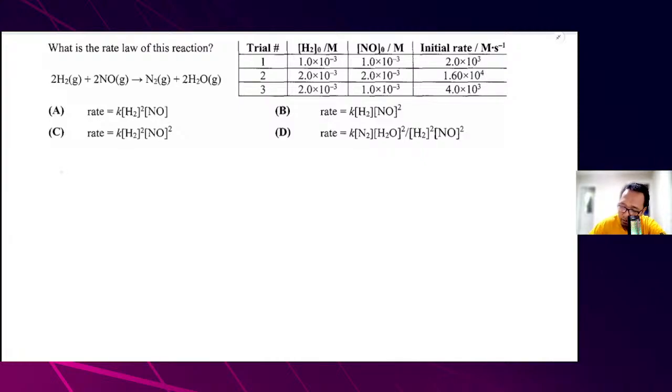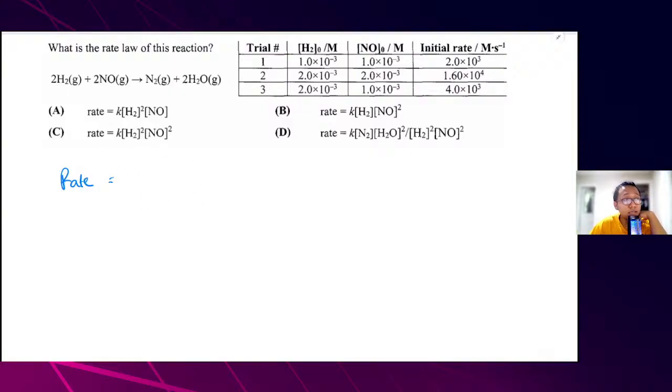You are given the initial concentration and initial rate from three trials.